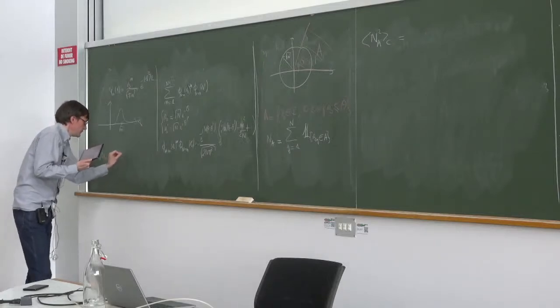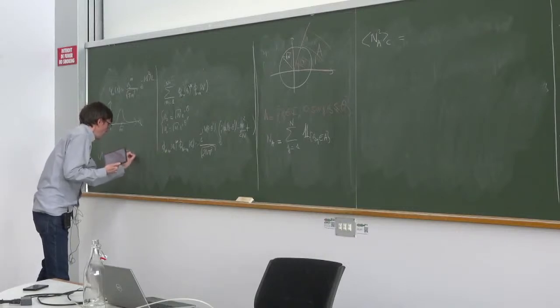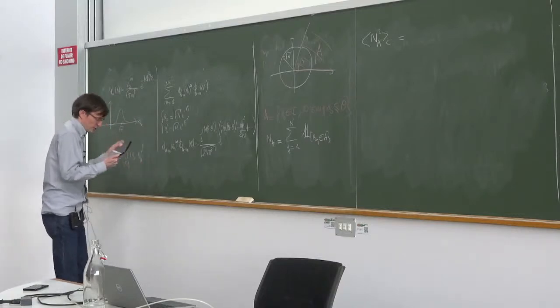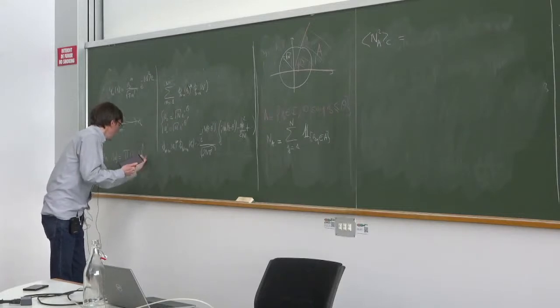So if I take the product over i less than j of (z_i minus z_j) to the power beta, times the Gaussian factor in z_j squared, this is the wave function I wrote before with beta. For beta equals 1 it is a determinantal point process, but beta can be something else.